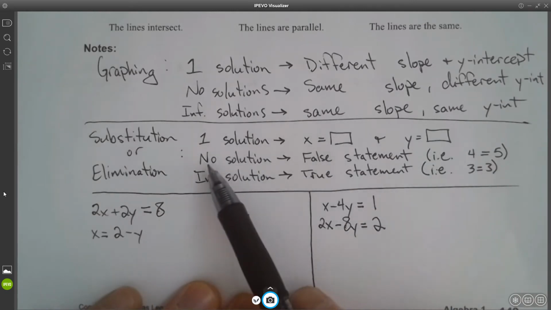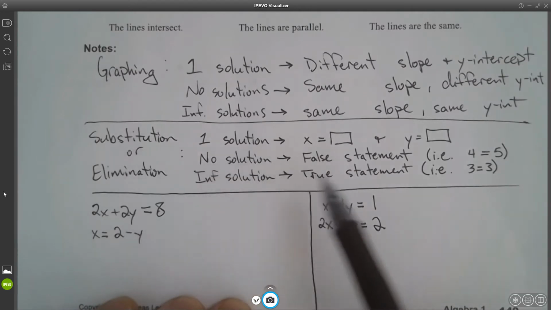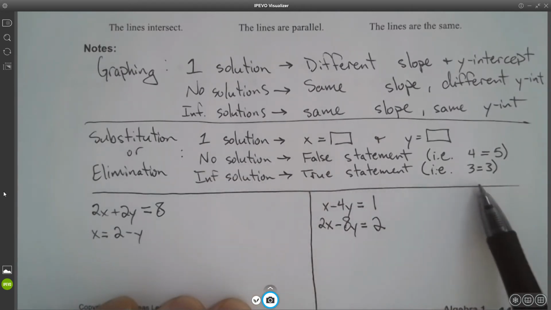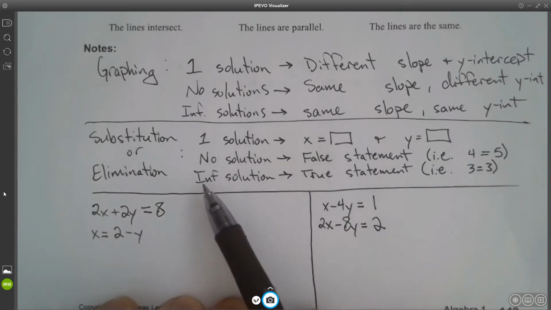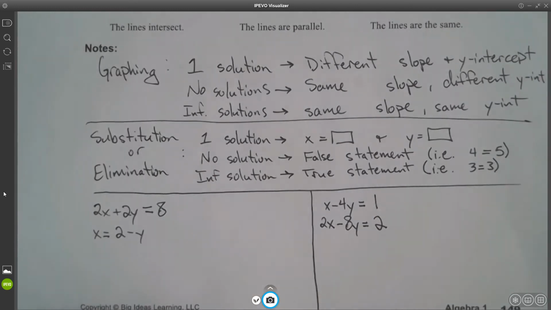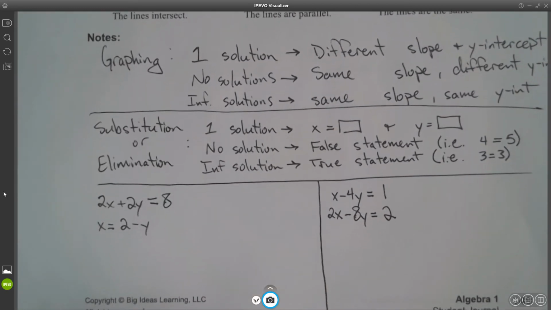That's going to tell us that our lines are parallel and never intersect, so therefore there's no solution. Similarly, if we're solving and our variables are all eliminated or canceled, we end up with a true statement like 3 equals 3. That indicates that we have infinitely many solutions. So let's take a look at a couple examples.